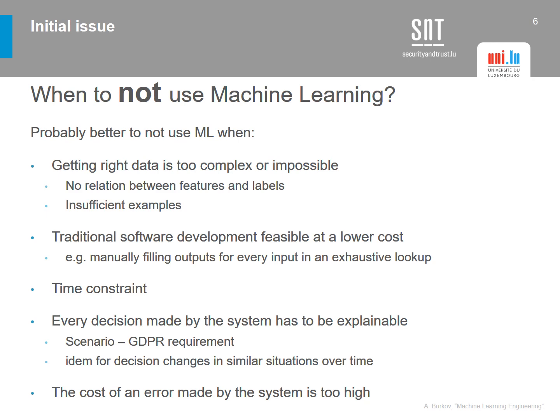If we are within a system that imposes explainability for the decisions taken, then machine learning may not necessarily be the best choice. A scenario of such a system can be the GDPR requirement. With GDPR, we have to be able to give an explanation.